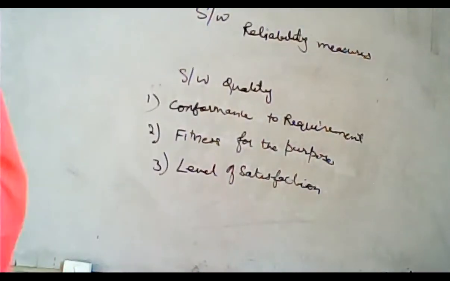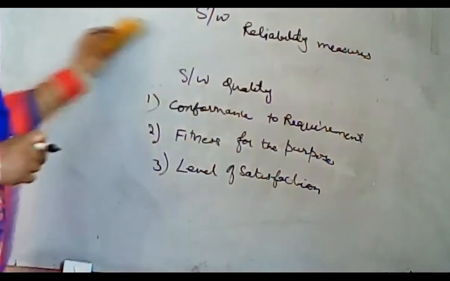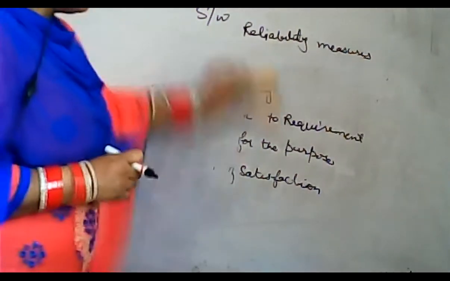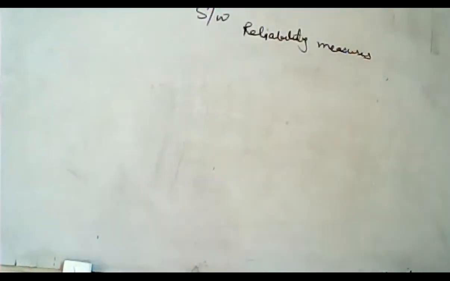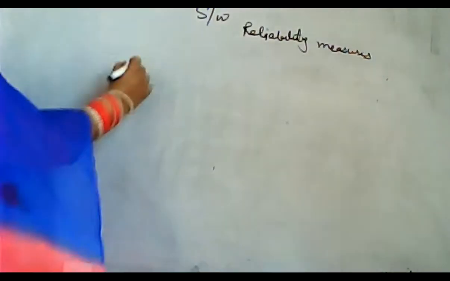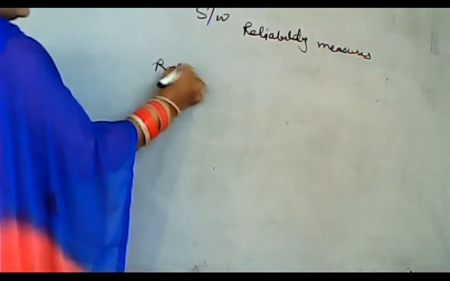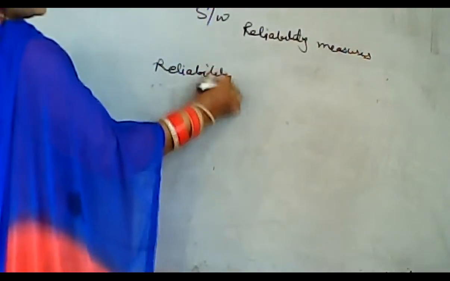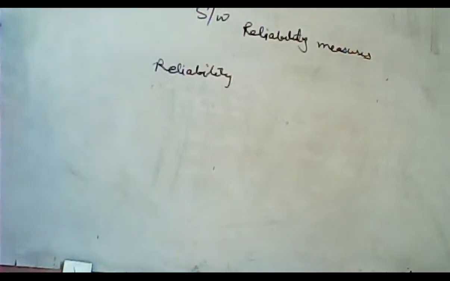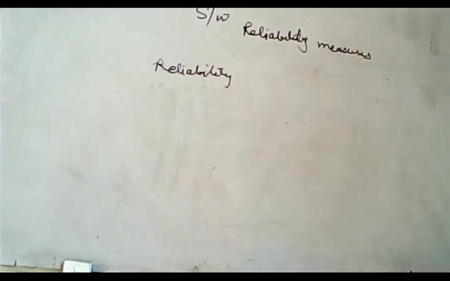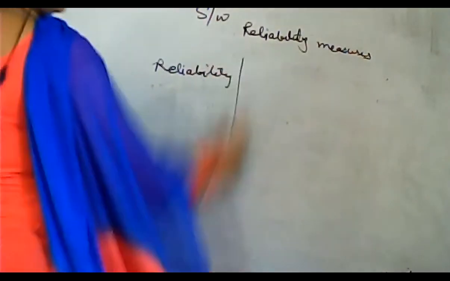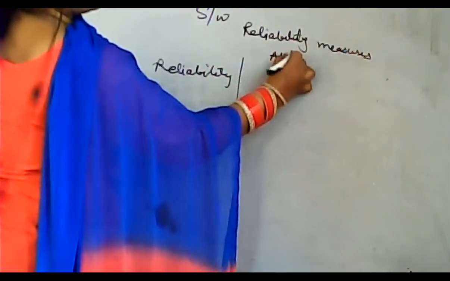But if we define in terms of, we can say, engineers or researchers who have researched on these things, so we can say the reliability is dependent on correctness. The reliable system should have the following attributes. Which attribute, if the system is reliable?